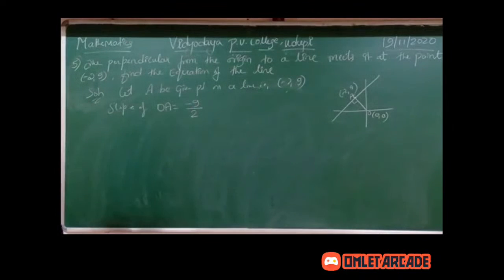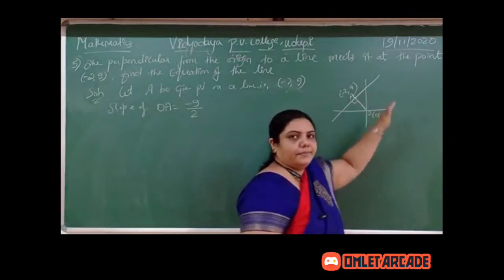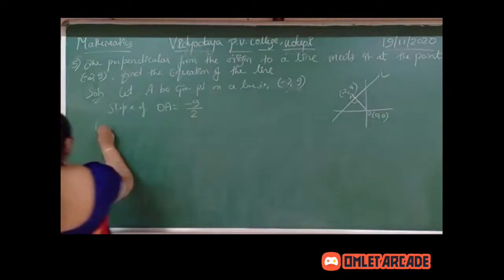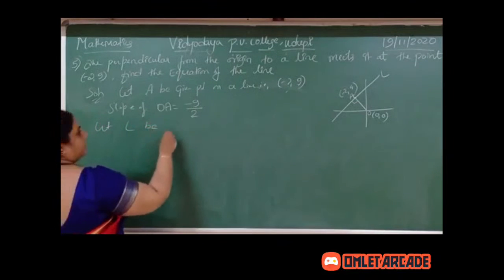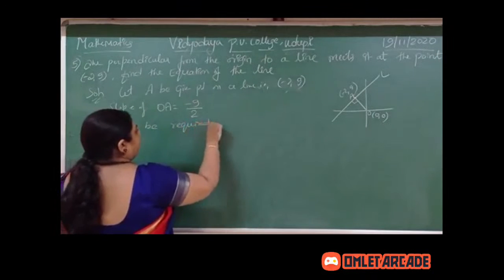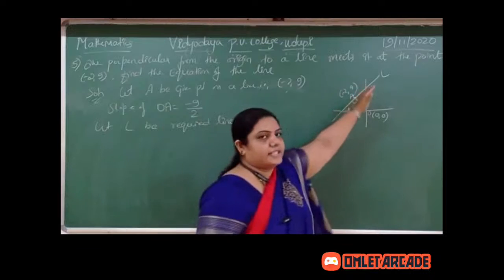This is the slope of OA. Now, can you find the slope of this line? Okay, let me give the name L. Let L be the required line. We need to find the equation of this line.